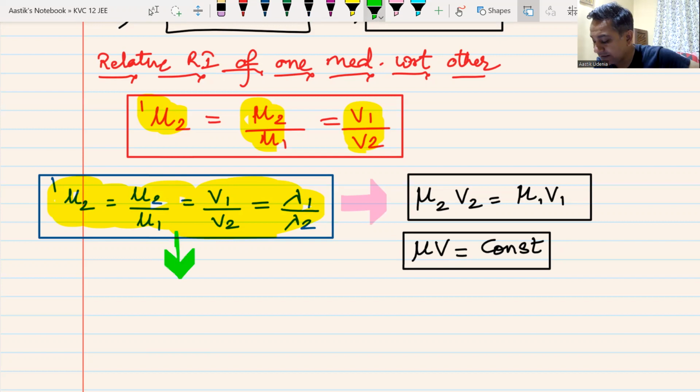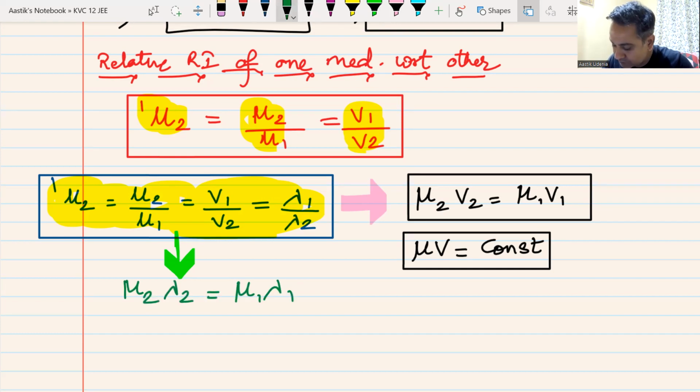Mu2 lambda 2 equals mu1 lambda 1. That is absolutely correct, my dear friend. Mu2 into lambda 2 is equal to mu1 into lambda 1. Or I can write it again like mu, the refractive index, into lambda is a constant.